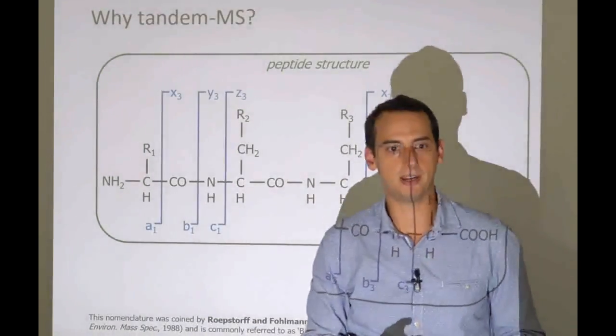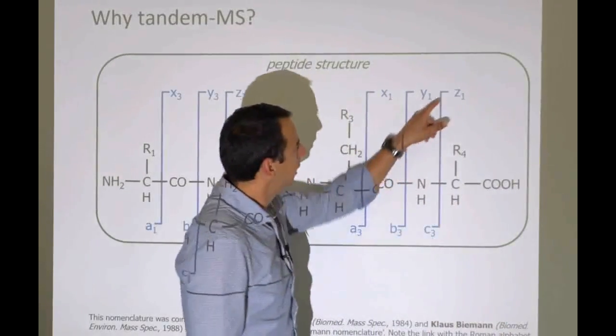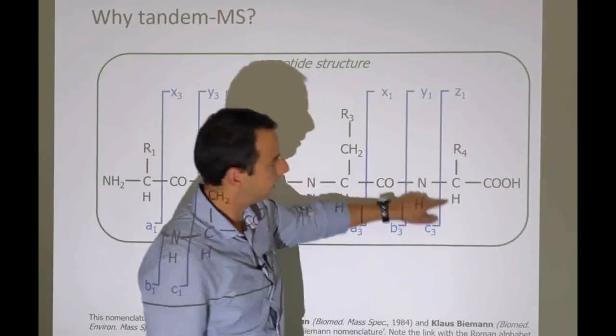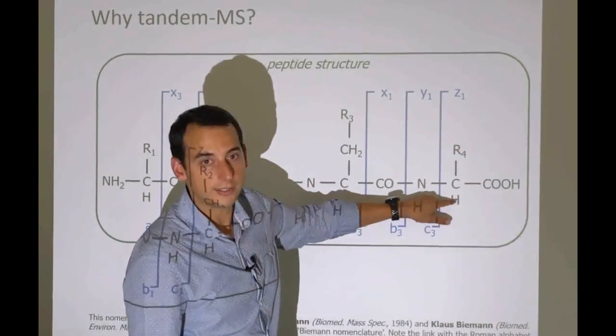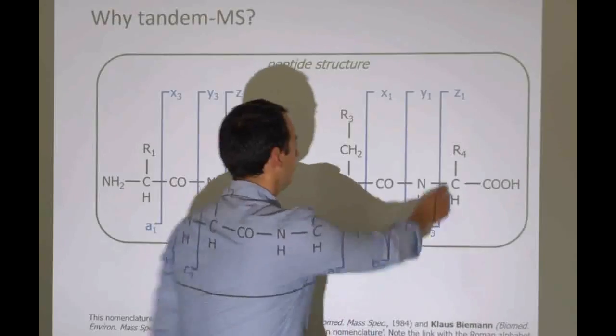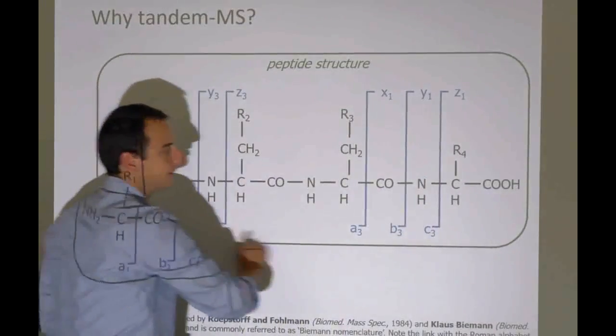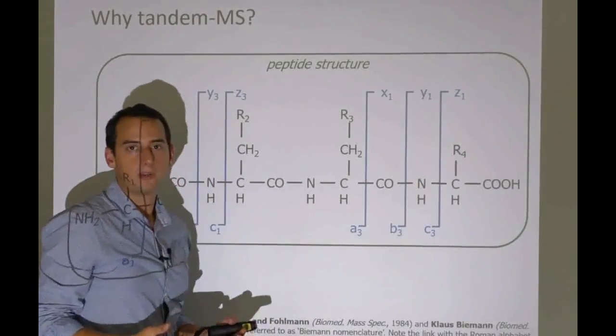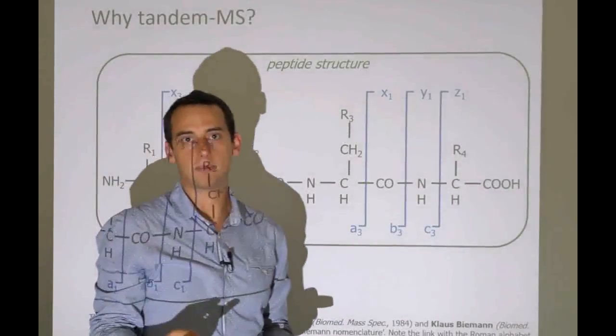Now, something else that you may have noticed is that a Z ion creates this tail Z ion, but it also creates, on the other hand, this really big C ion. When you break a certain bond, you always get two resulting fragments.